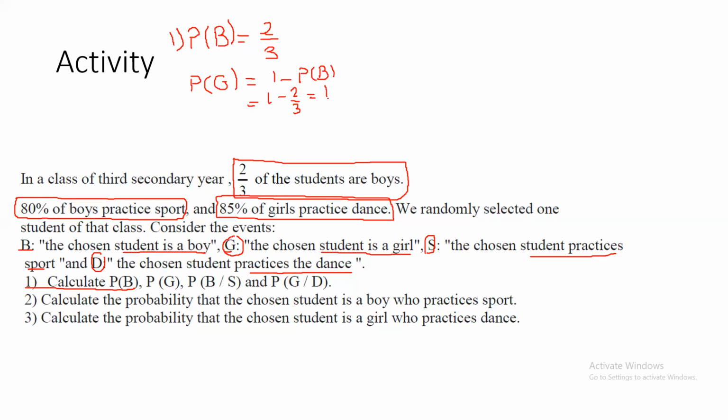We get 1/3. Please correct this here. These should be S given B. This one is D given G.